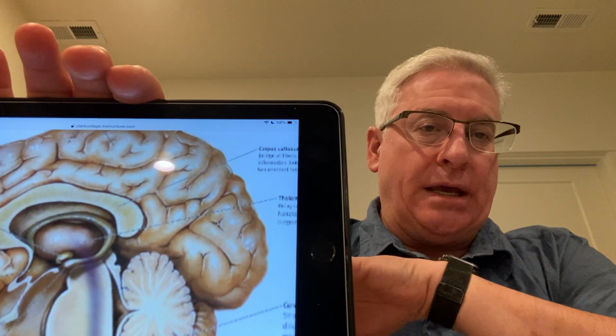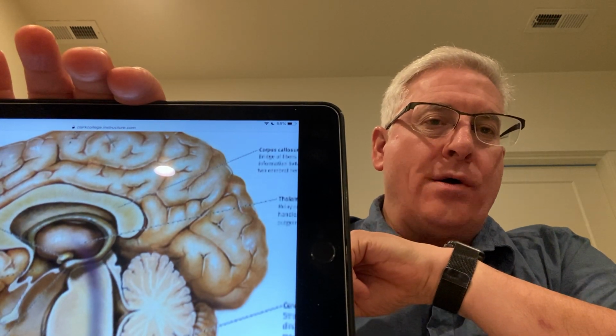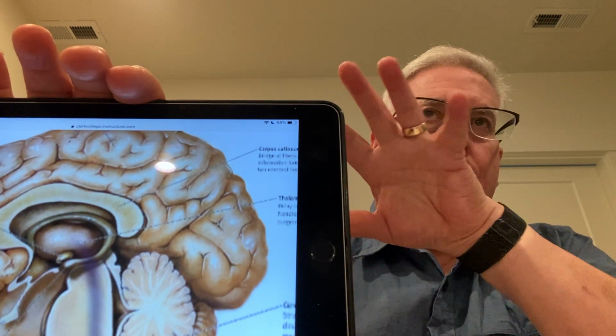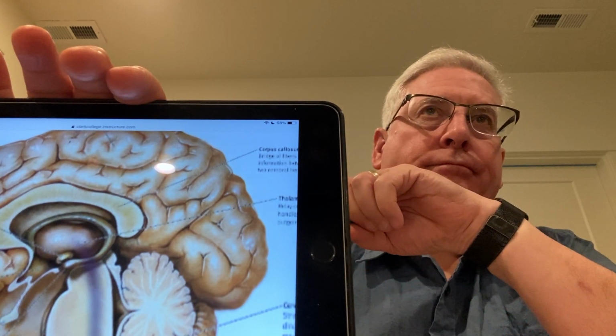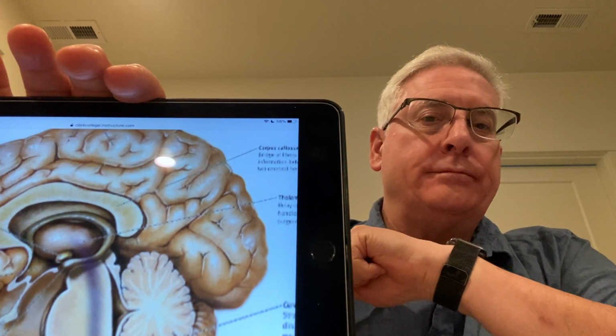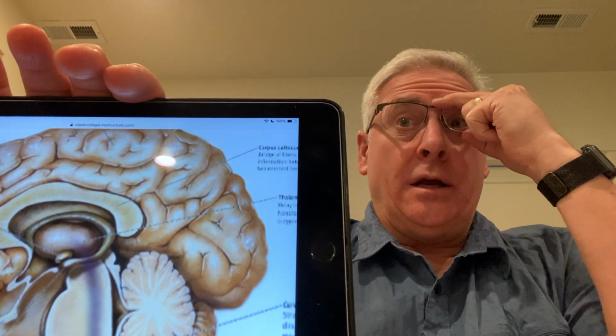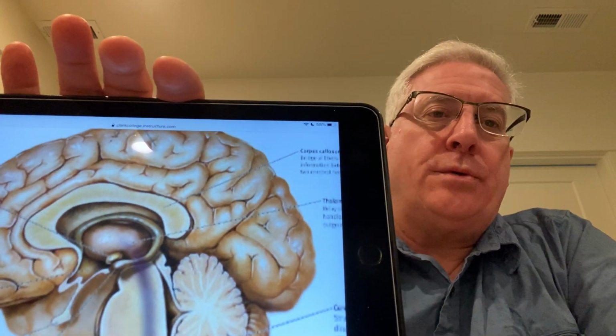A stroke is a cardiovascular issue in the brain. That means a burst blood vessel, a ballooned blood vessel, like an aneurysm, or a clot, a blood clot in the cardiovascular system in the brain.